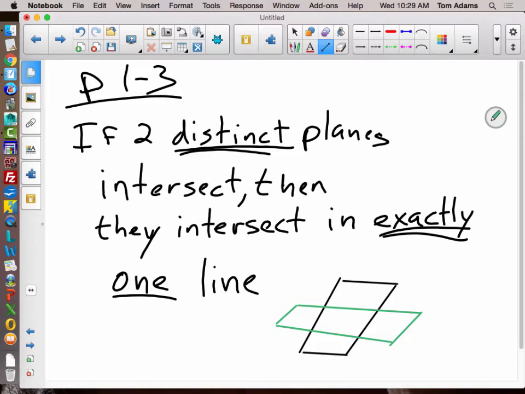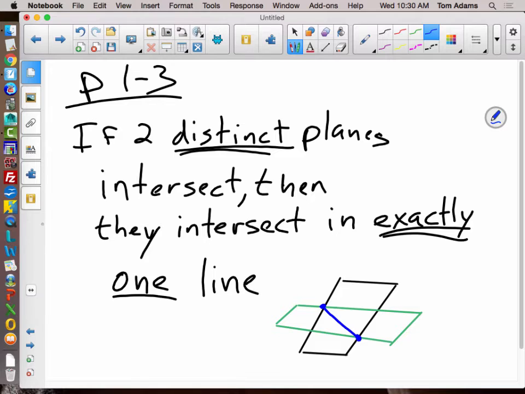Now it's kind of hard to tell where they would intersect, but where the two intersect would be right here. Does that make sense? That one's really difficult to draw.